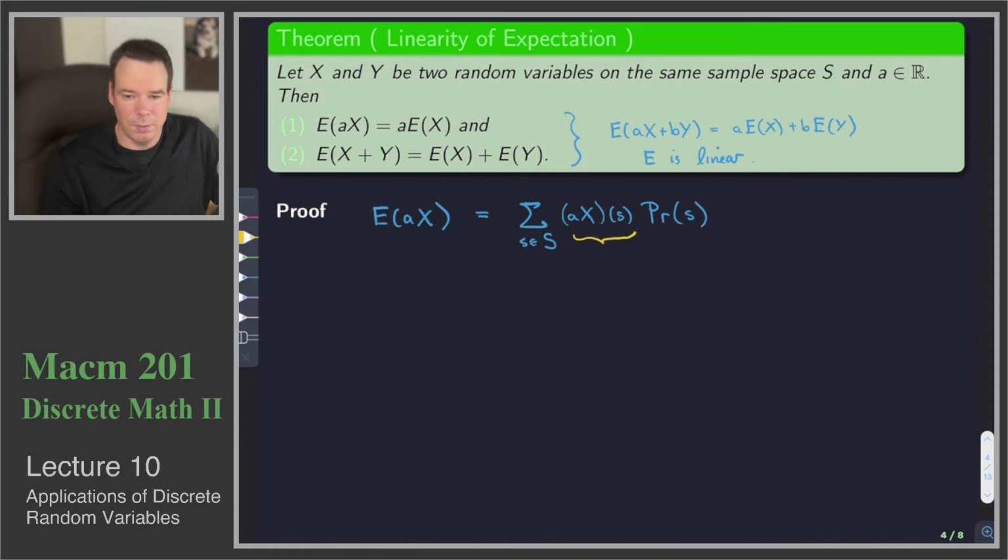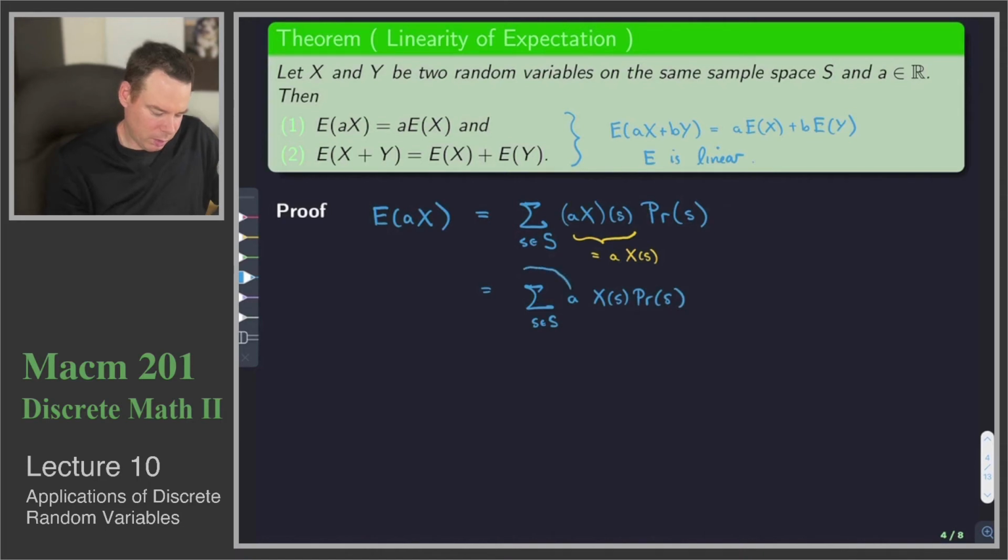(aX)(s), that's equal to a times X(s). So that's what a scalar multiple of a random variable is. aX is just take your element of your sample space, evaluate your random variable X at it, and then multiply the result by a. So that means this can be written as a times X(s) times the probability of s.